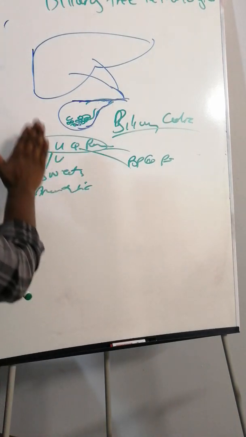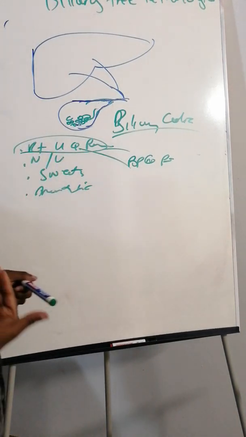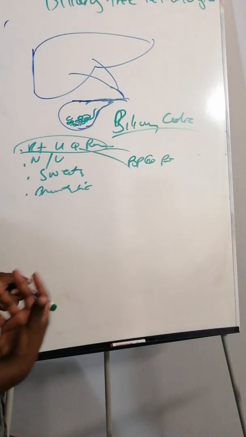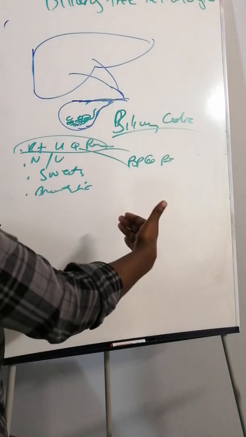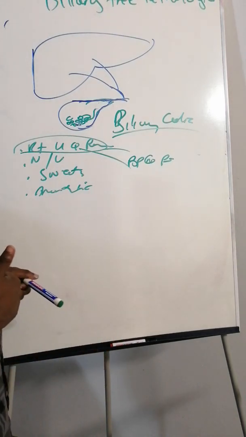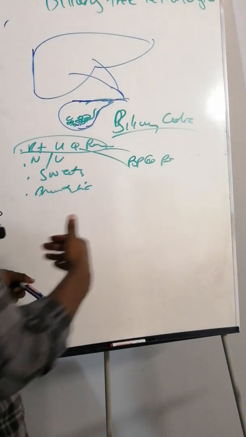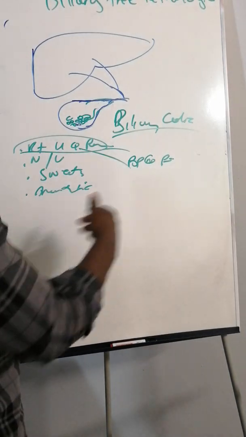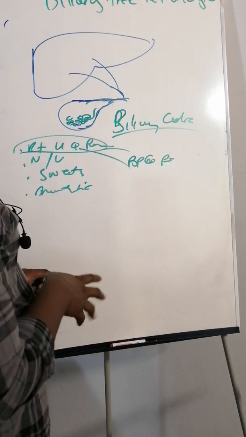The minute you find tenderness on the right upper quadrant, let's say we find a Murphy's sign, then that's not gallstone disease anymore, that's cholecystitis. So the management of gallstone disease or cholelithiasis is different from cholecystitis or acute cholangitis or whatever. So it's different, and you need to make that differentiation.